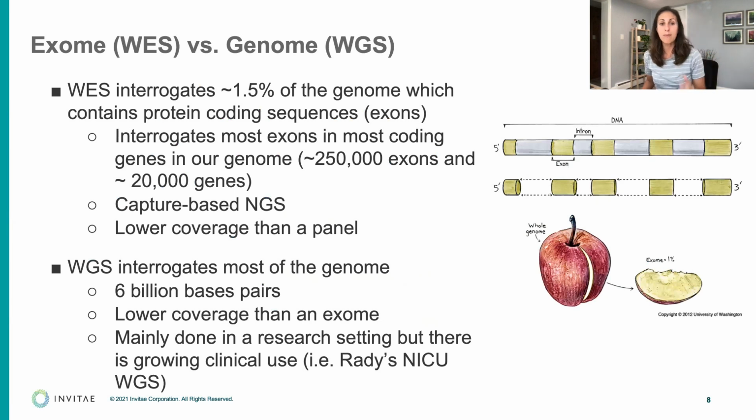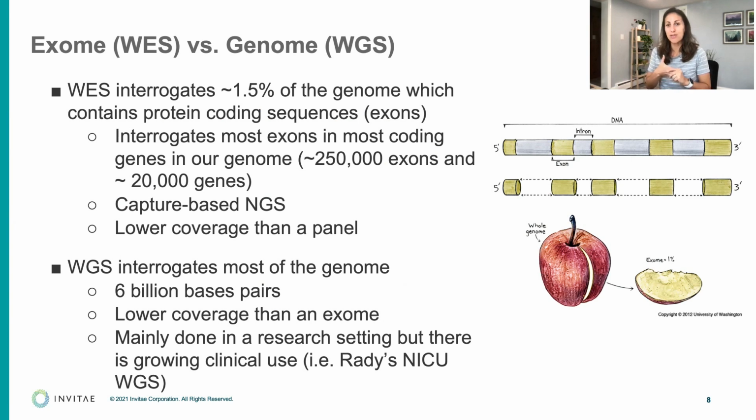When we're thinking about exomes and genomes, they use very similar technology that I just described. The exome uses those capture probes to pull all the material, whereas the genome's a little different, and I'll explain what that means. An exome interrogates 1.5% of the genome, but this is the important 1.5% that we understand.